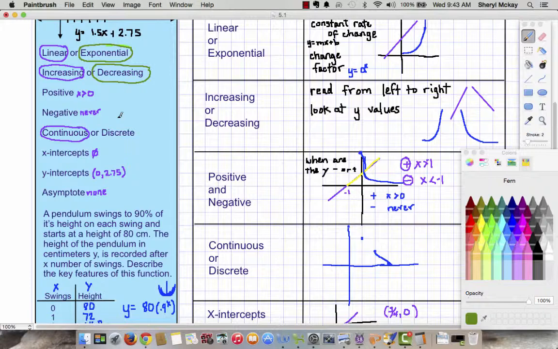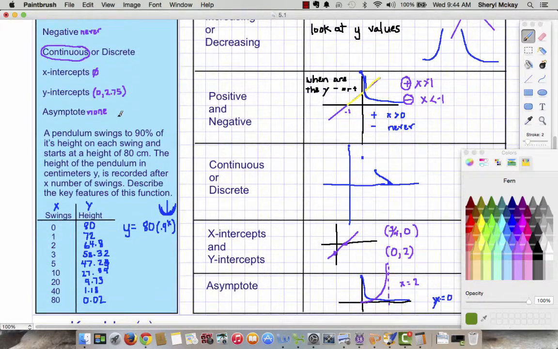Where is this graph positive? Where is y positive? It pretty much is staying positive the whole time, isn't it? It's not hitting the negatives. If you realize as we continue to take 90%, even of 0.02, it's just going to get smaller and smaller, but it's never going to cross that x-axis. It's always going to be positive.